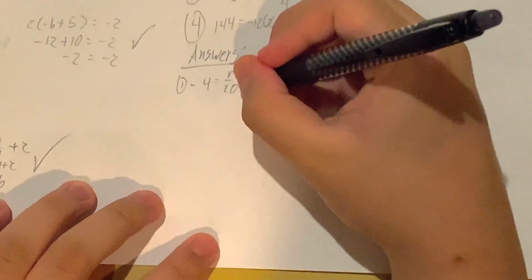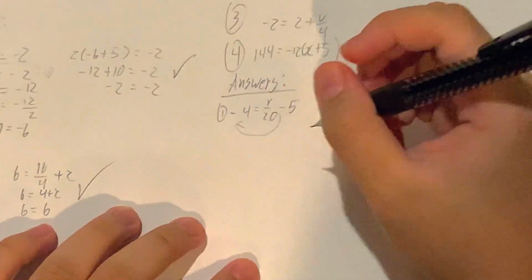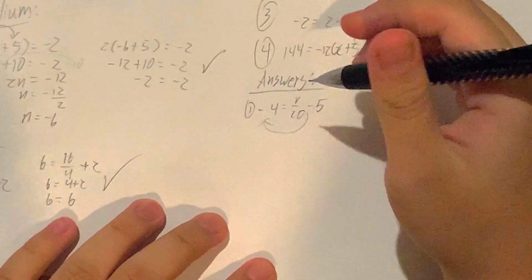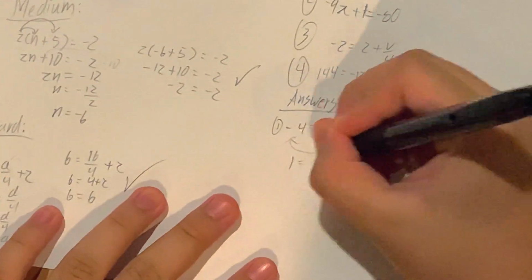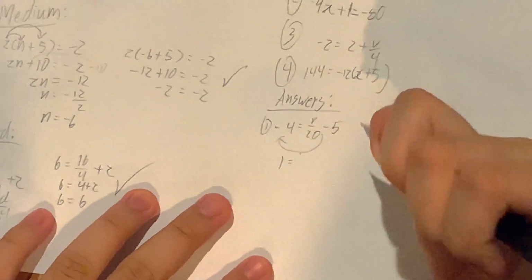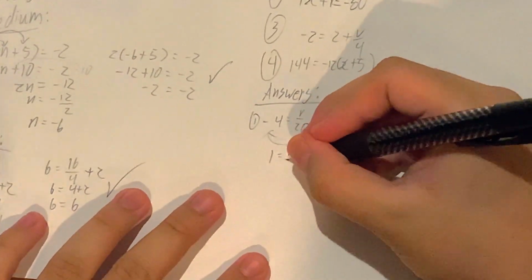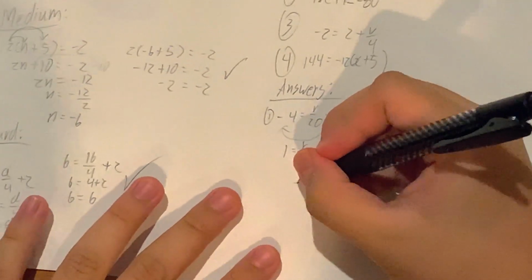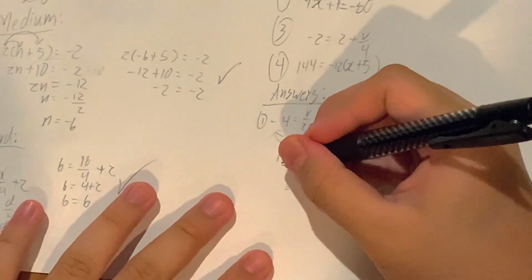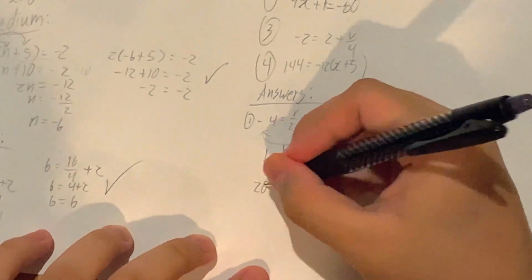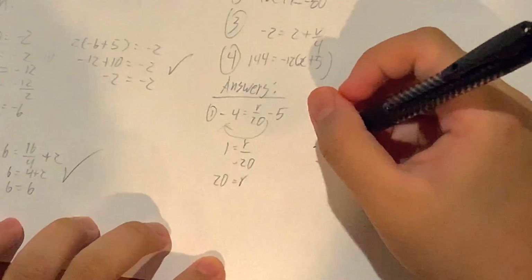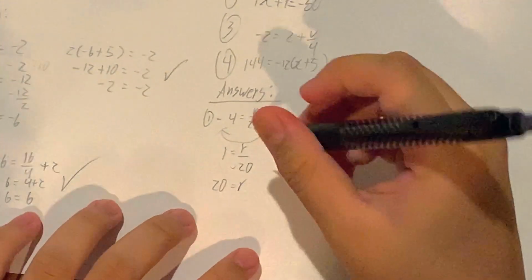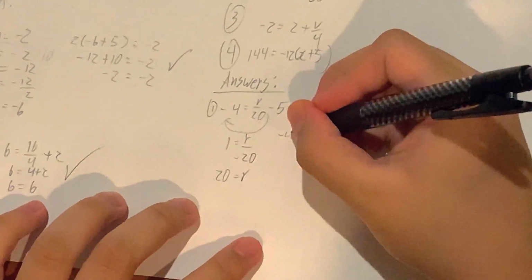So 5 will become +5 if it moves here, and if you add them together, it's 1, and then it's r over 20, and then if 20 is gonna move here, it's 1 times 20. So the answer is simply 20. And let's check our answers.